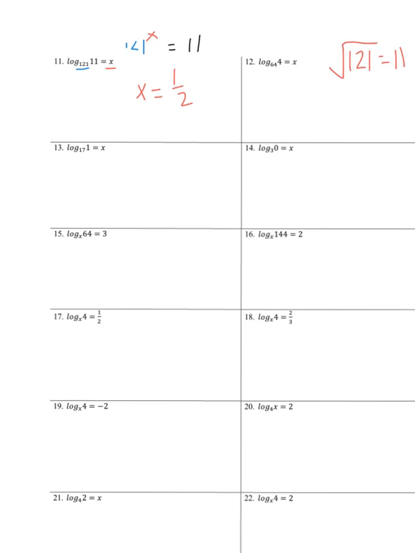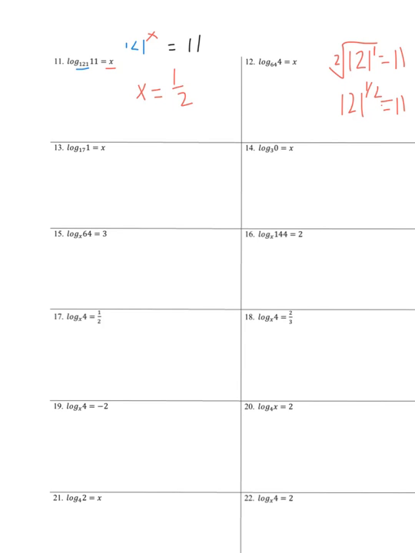And we can express square roots as the exponent 1/2. Because remember, with the square root, there's an invisible 2 out here with a 1 on the inside. So the square root of 121 can also be written as 121 to the exponent 1/2.